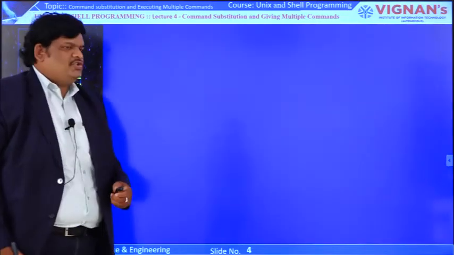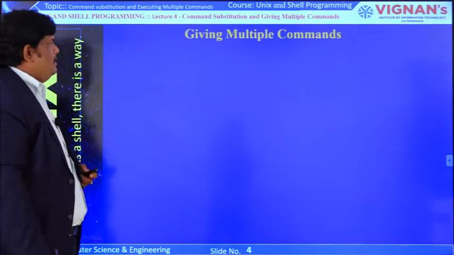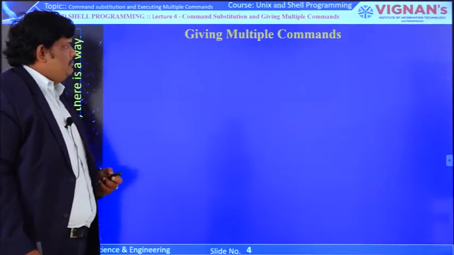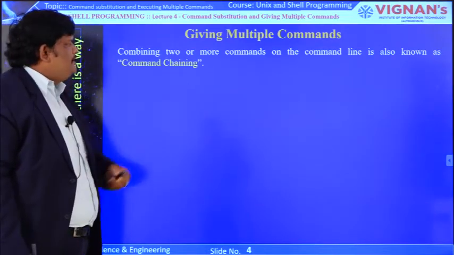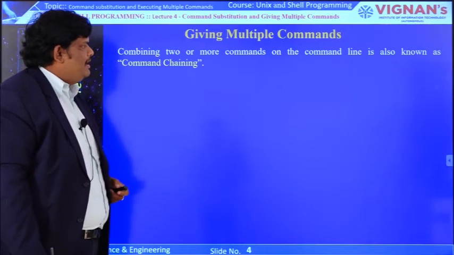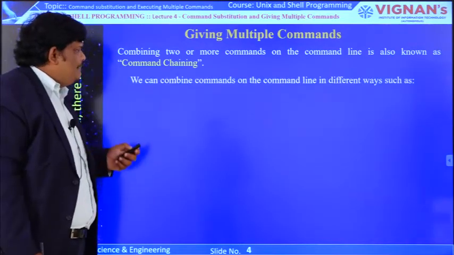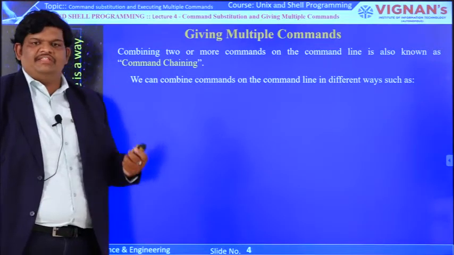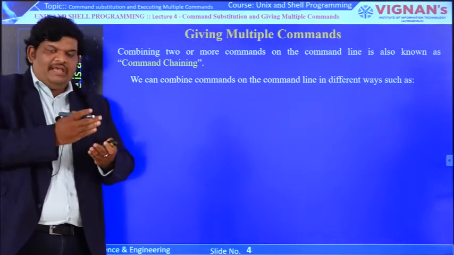Now the next topic is giving multiple commands. How are we going to execute multiple commands at a time? Combining two or more commands on the command line is also known as command chaining. With the help of three techniques we can execute multiple commands, that means more than one command in a command line.